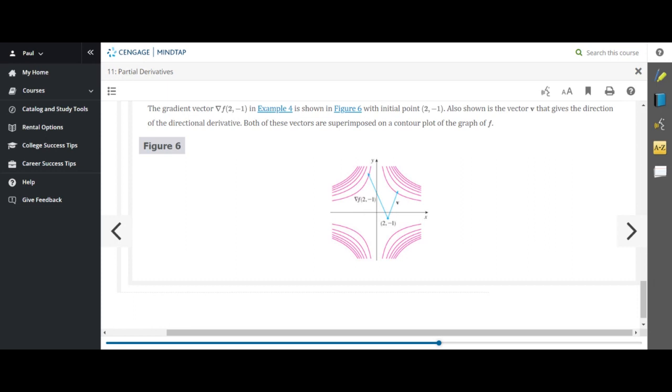Or maybe a better question: based on the contour plot in the first quadrant, does it look like the surface is getting steeper, or is it getting shallower?